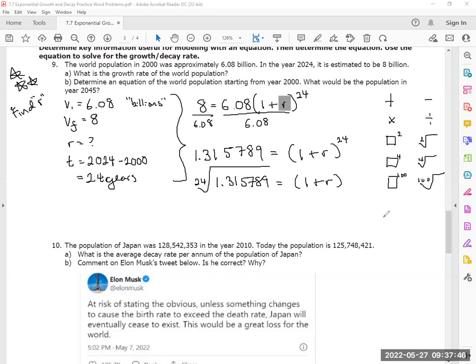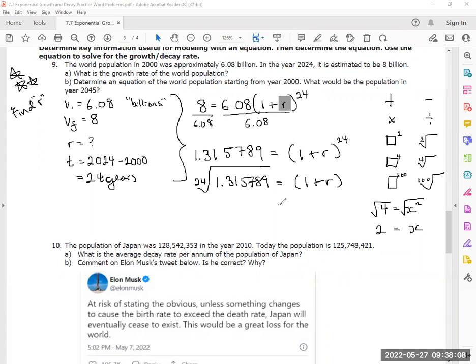Shameless plug, here's the proof. If I have 4 equals x squared, how do I get rid of the square? Square root both sides. The square root and the square are inverses of each other. So x equals 2.